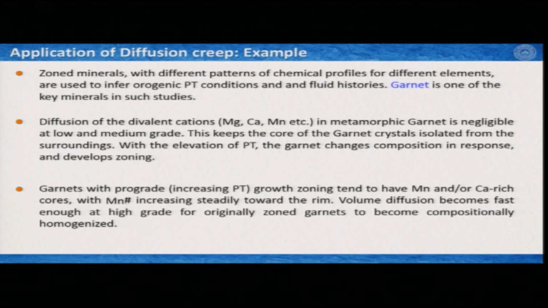You have initially a very heterogeneous zoned garnet in terms of a particular element, but when you have high temperature, then the volume diffusion of these elements starts, and the entire garnet becomes homogeneous in terms of the distribution of these elements.